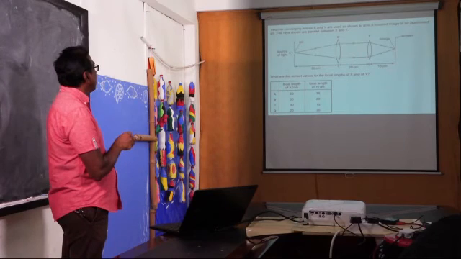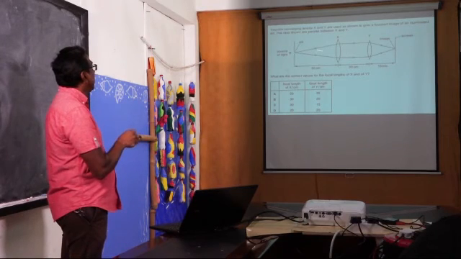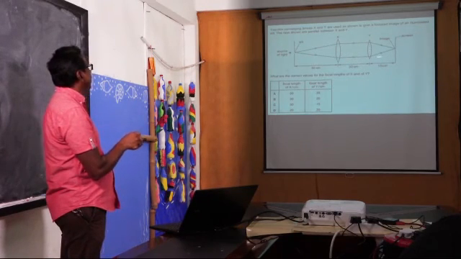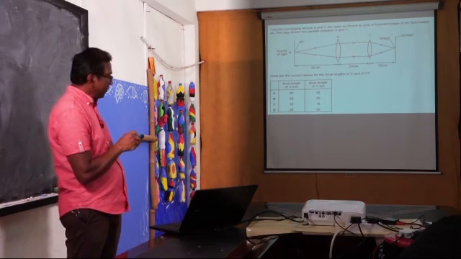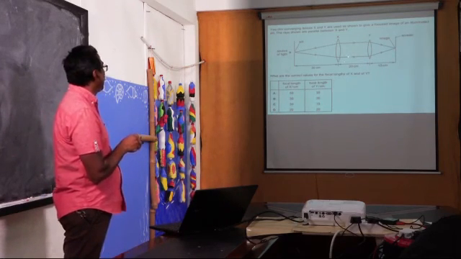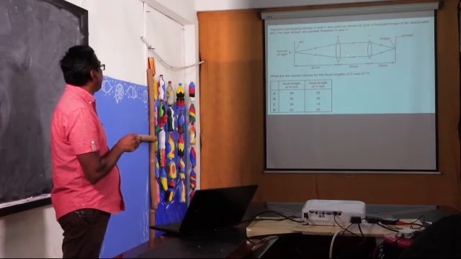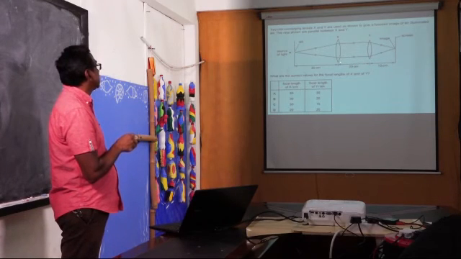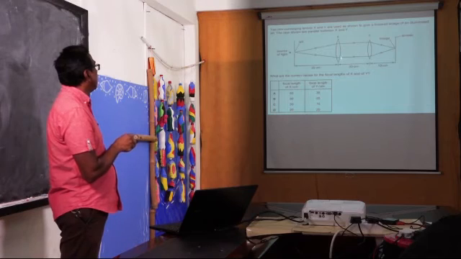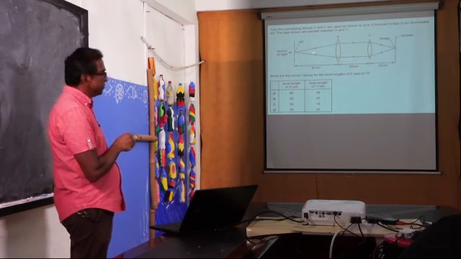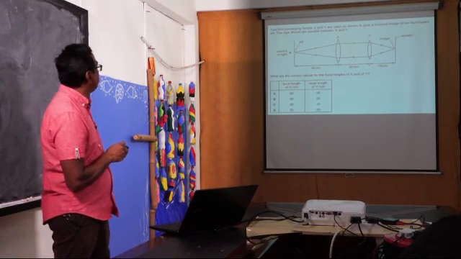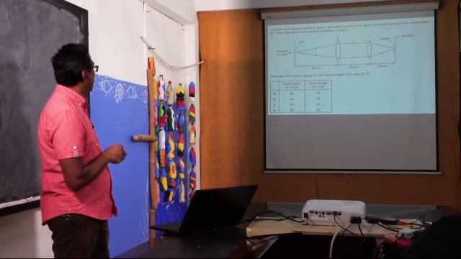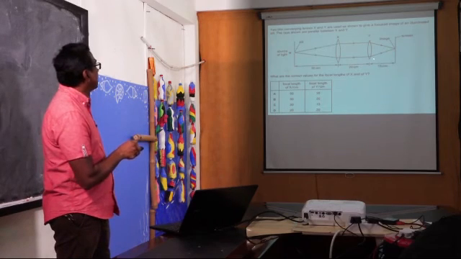If this ray of light is going parallel here, therefore, what is the focal length of X? It will have to be 30 centimeters, no? The answer will have to be C or B. Let us look here.